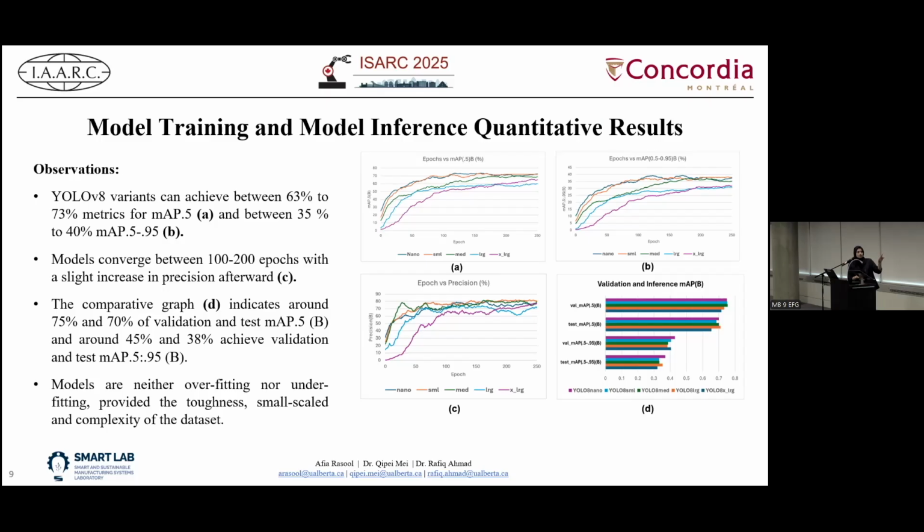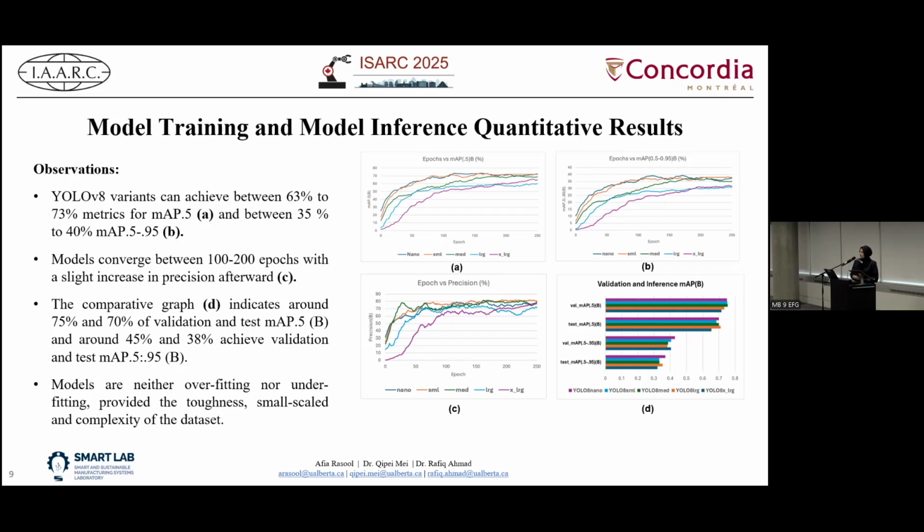And then graph C is basically taken from the training. So this is the training precision versus epochs. And as we can see, all of the variants are converging between 100 to 200 epochs, which is a very optimum time. And then the last graph is about the validation and inference mean average precision.